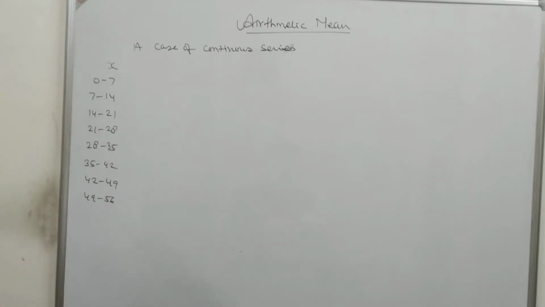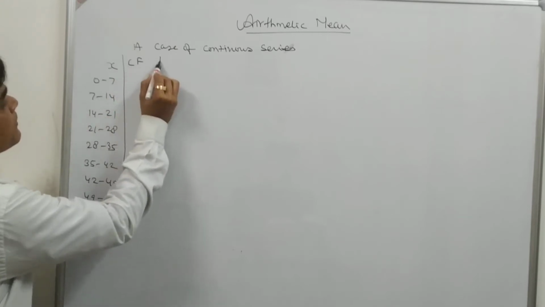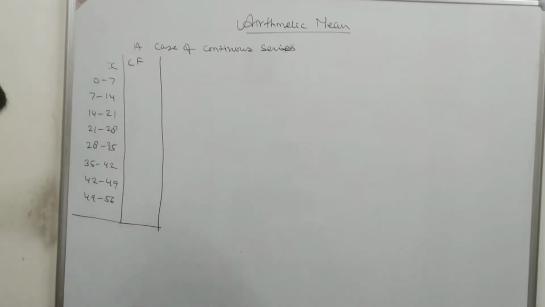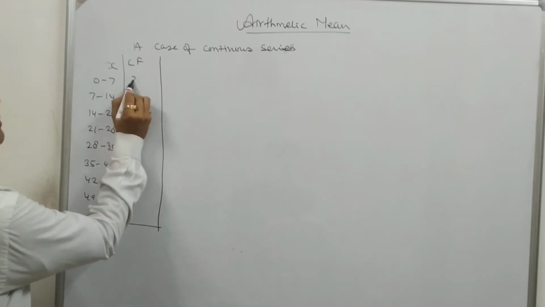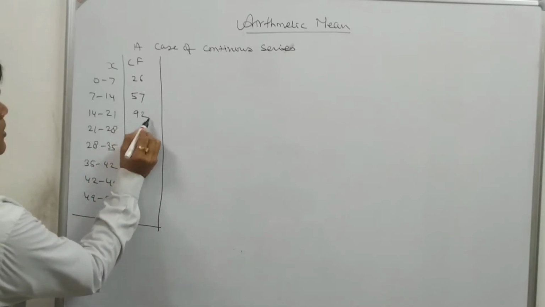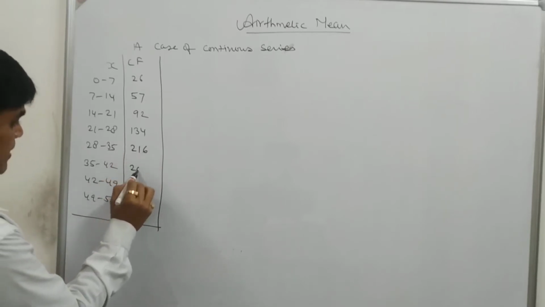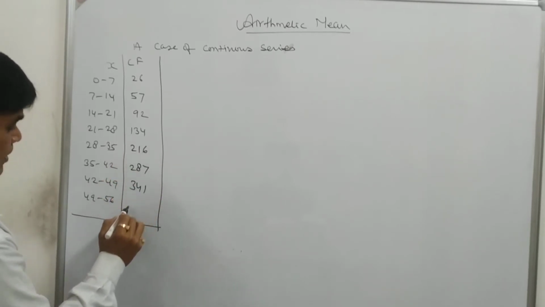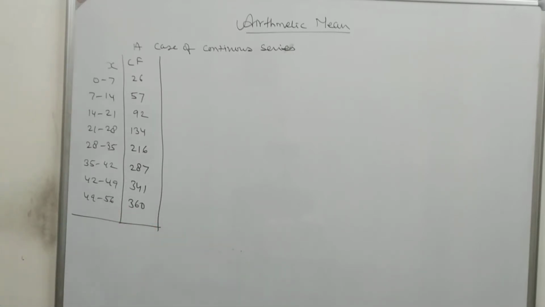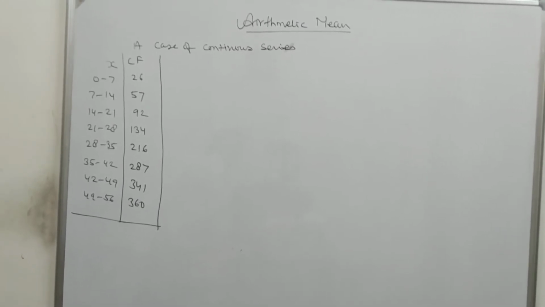And the cumulative frequencies given are 26, 57, 92, 134, 216, 287, 341 and 360. We have to calculate the value of the arithmetic mean in this problem.